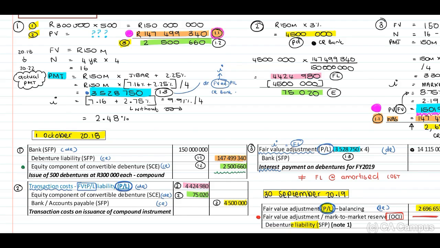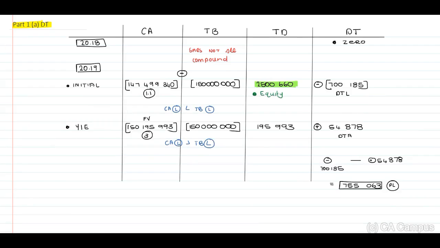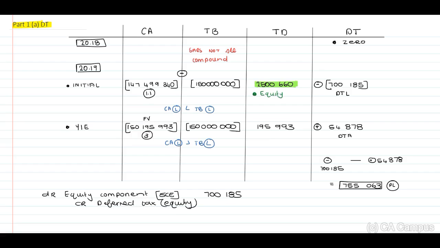Therefore, if we need to recognize this equity portion, this will be recognized in our deferred tax, but we will have to debit our equity component, and this will be statement of changes in equity with a 700,185, and we need to credit our deferred tax relating to the equity, guys, in our statement of financial position with a 700,185.